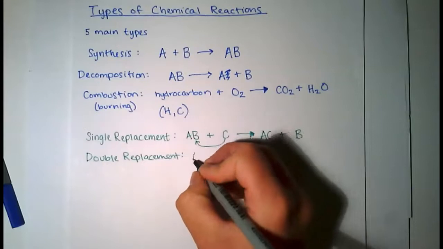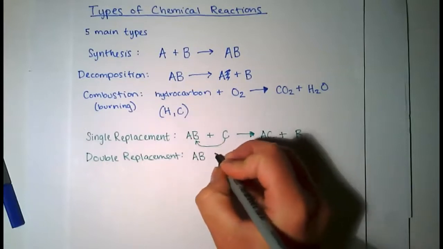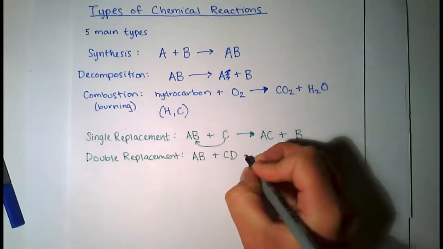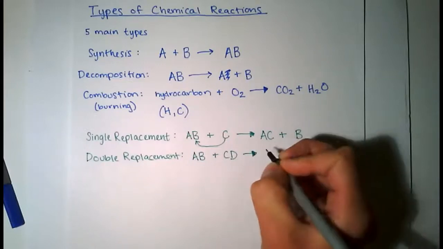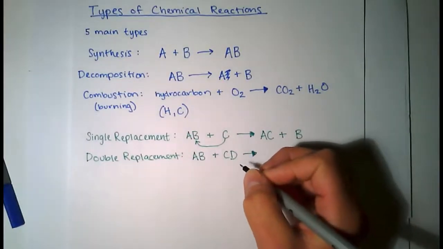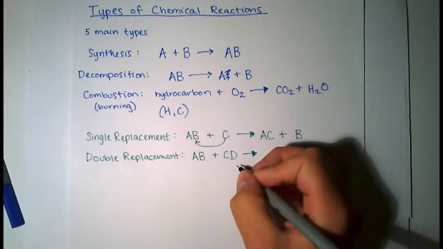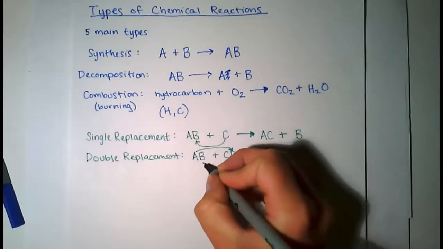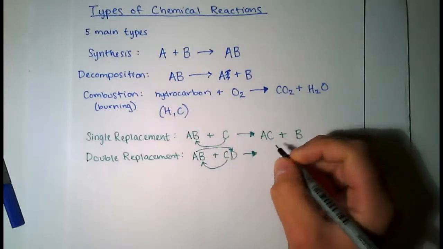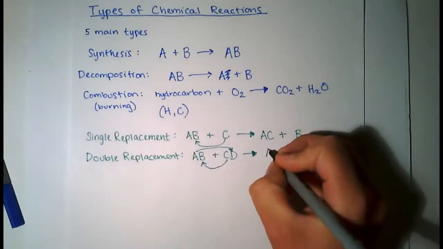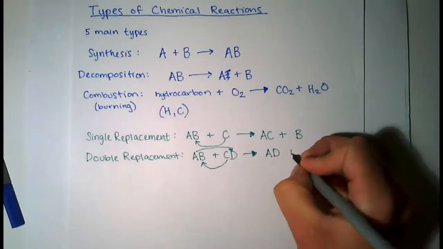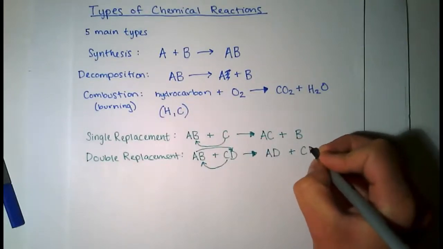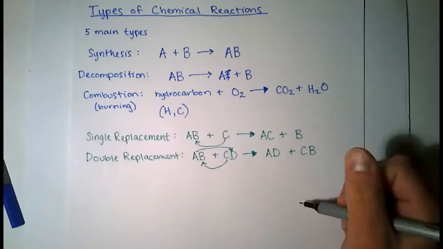We start with AB and CD, and the cations of these 2 ionic compounds swap places. A comes over and pairs with D, and C comes over and pairs with B. So we are going to get AD plus CB as our products from that reaction.